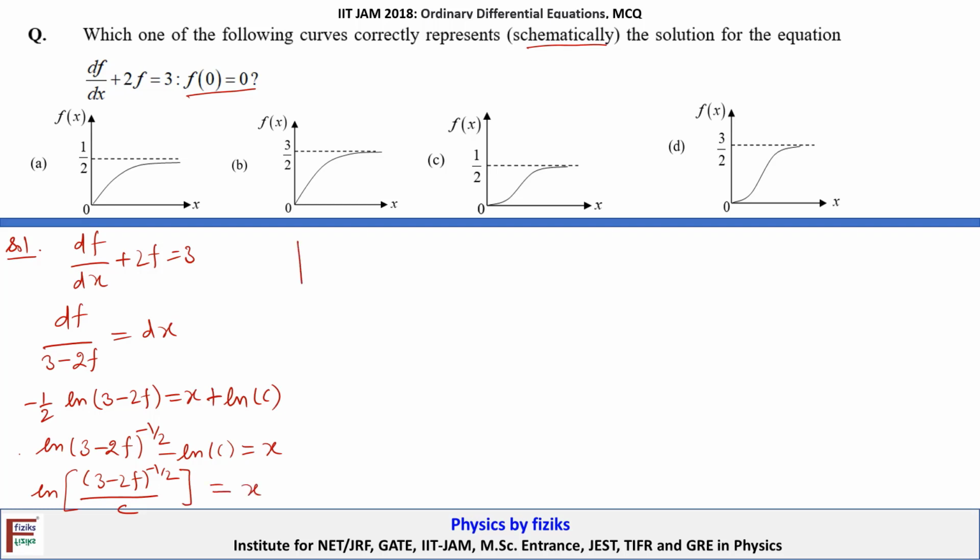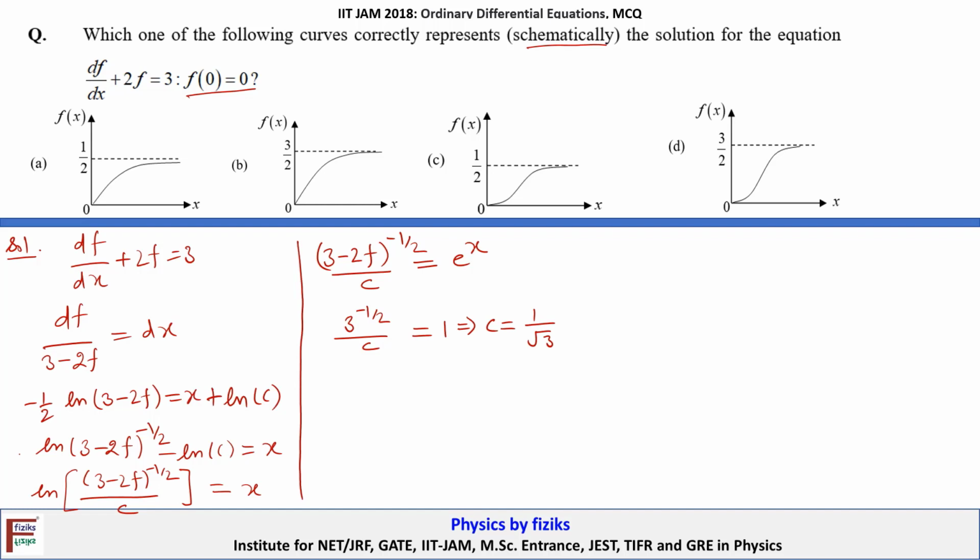Now taking the exponential on both sides, we can write (3 minus 2 times f) to the power minus 1 by 2 divided by the arbitrary constant c is equal to e to the power x. Now substituting the initial boundary condition that at x is equal to 0, f becomes 0, we can write 3 to the power minus 1 by 2 divided by c is equal to the exponential of 0, which is 1, and from here we obtain that c is equal to 1 by square root of 3.